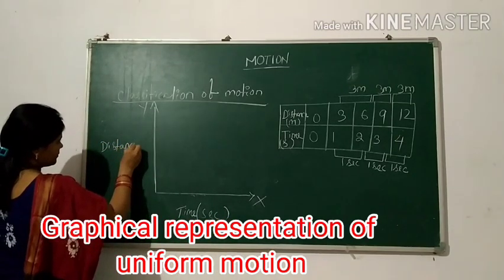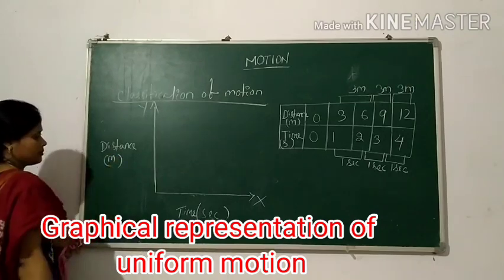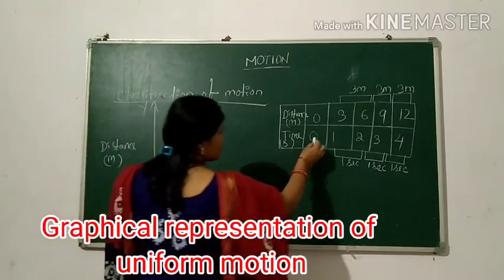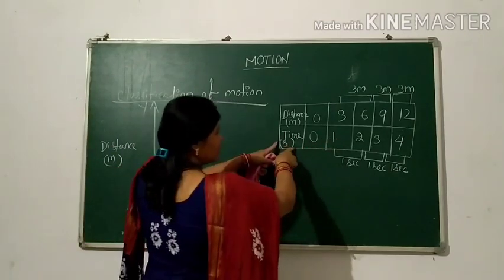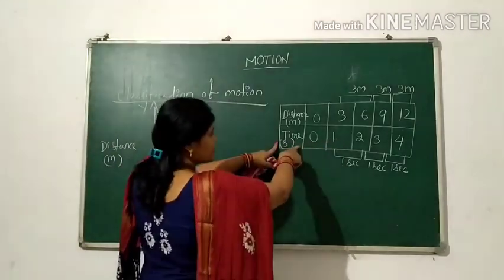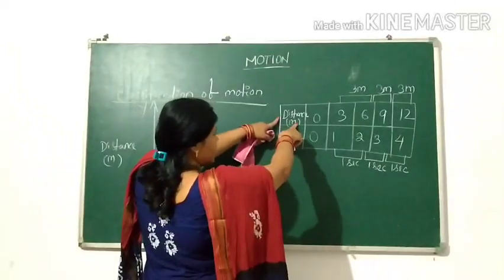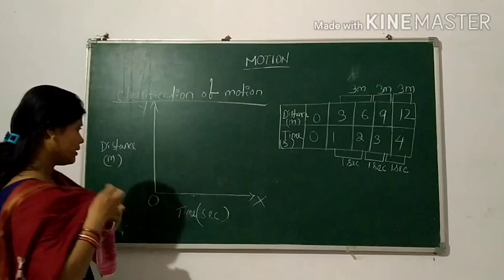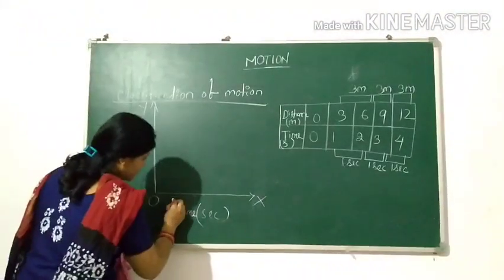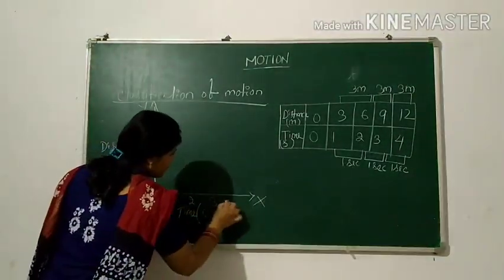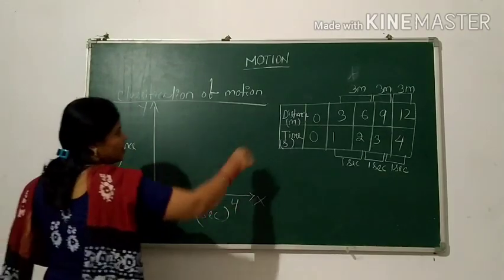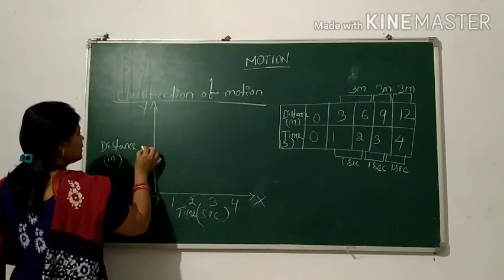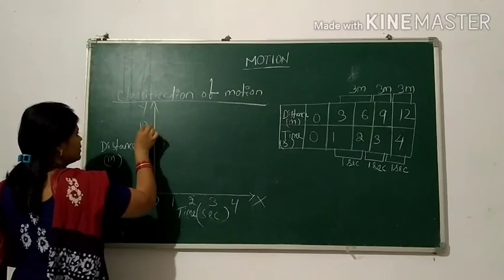Distance, and this is your origin, 0. Look at the table. This is your y-axis, this is your x-axis. So 0, 1, 2, 3, 4 you have to take on the x-axis, and on the y-axis the difference is 3, 6, 9, 12.